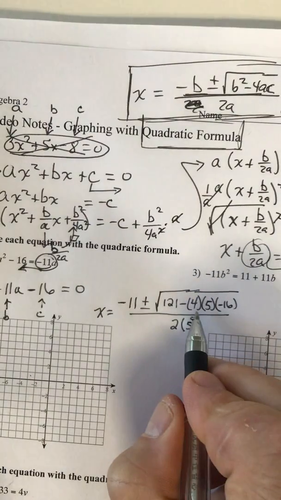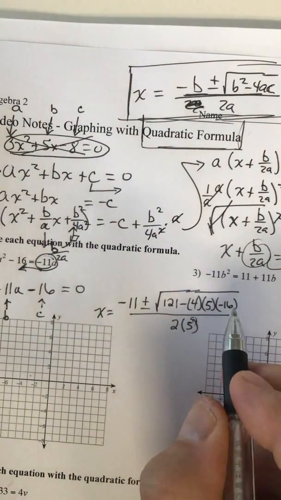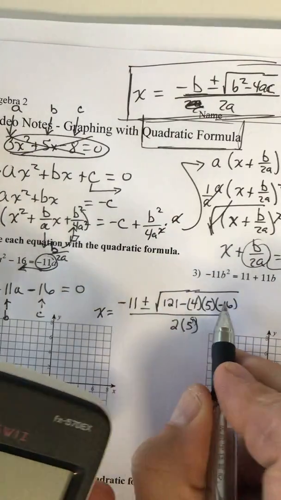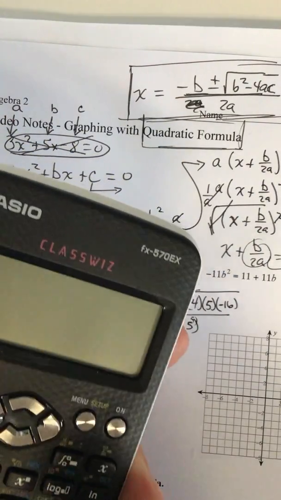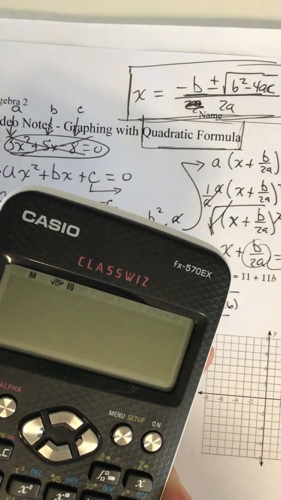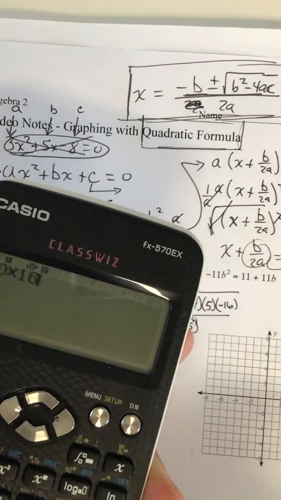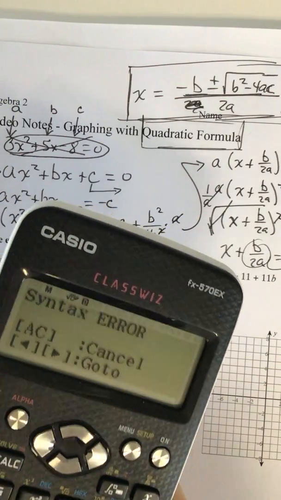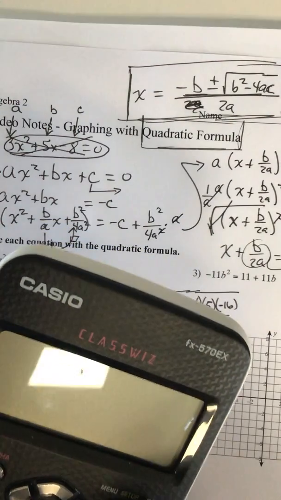Okay, so we've got to get this. Here it's a minus, and then this will all be negative, so it's going to be 121 plus all of that. When I use my machine, I'm going to go 4 times 5 times 16. So 20 times 16. 4 times 5 is 20.